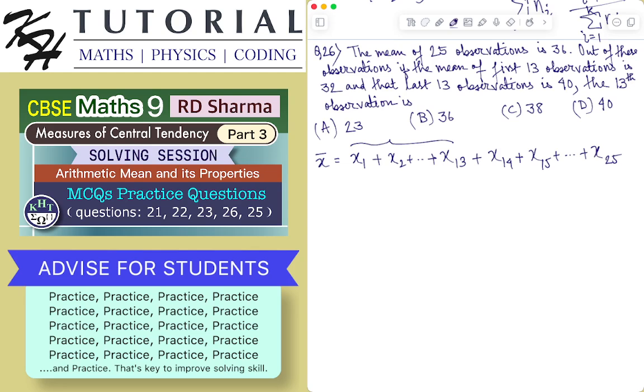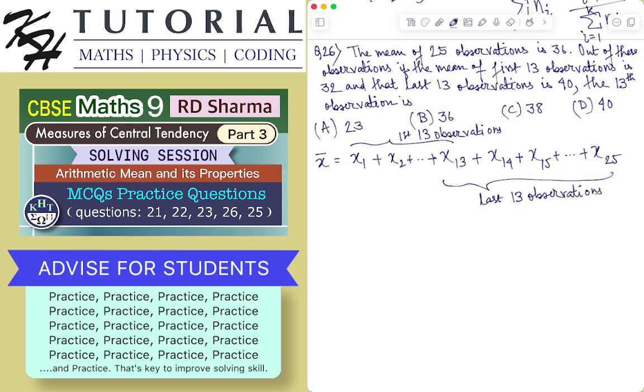So obviously, x1 to x13 is the first 13 observations. Quite obviously, x13 to x25, this is the last 13 observations.